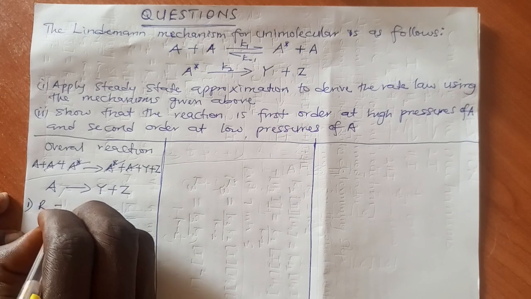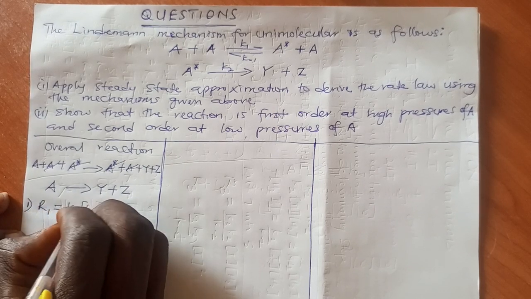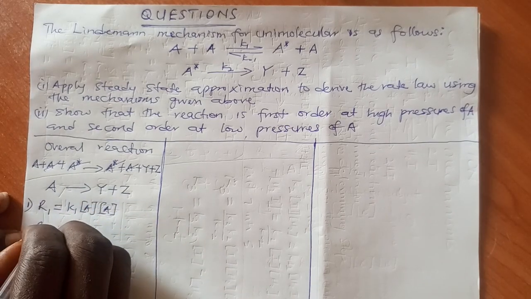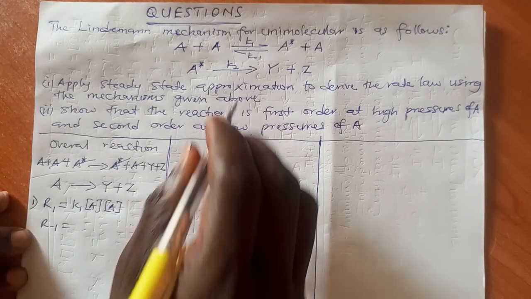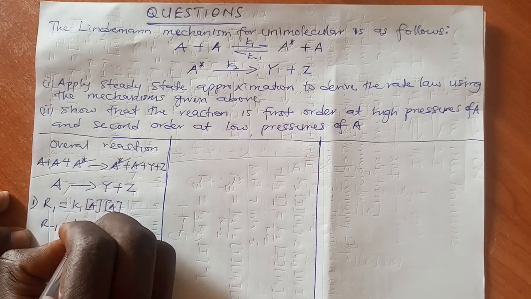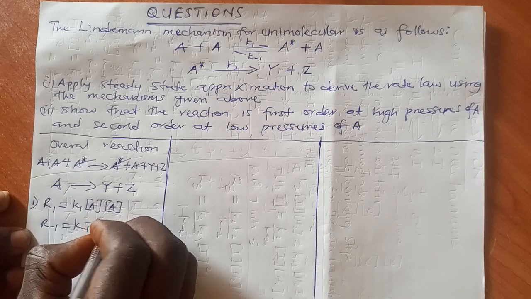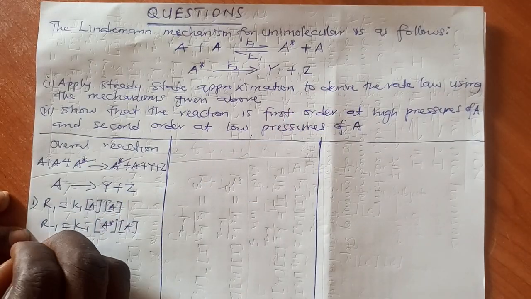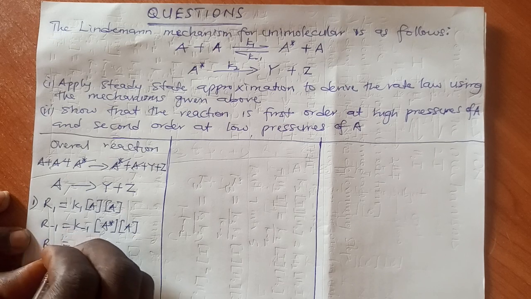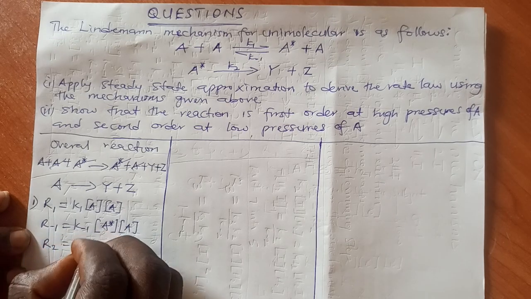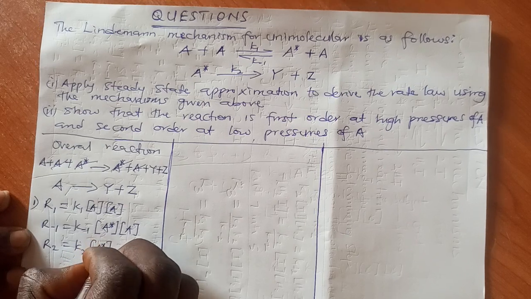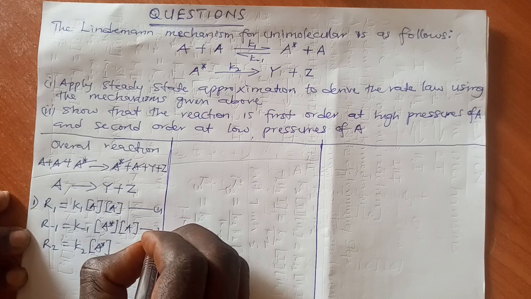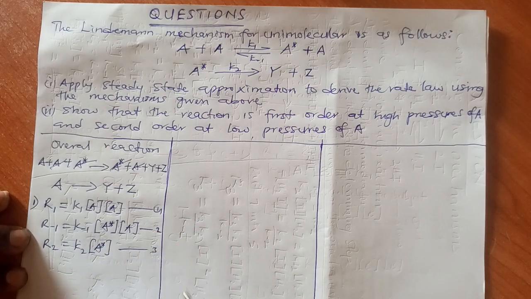My R1 will be K1 A, then A. Then R minus 1 will be K minus 1, then A star, then A. Then the third one, R2, will be K2 A star. I call these equation 1, equation 2, and equation 3.